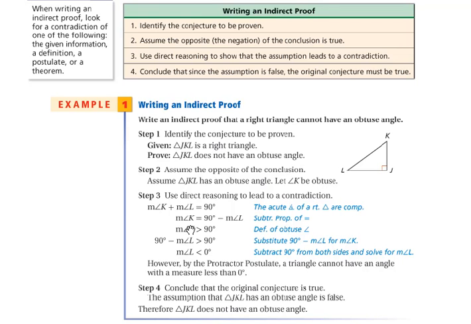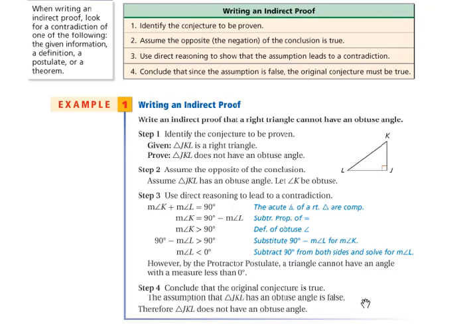Now if you follow along here in step 3, what we're doing is adding some angles equal to 90 degrees, and we're doing some math and solving for the measure of angle L, which we end up solving as less than 0 degrees. And of course we know that an angle in a triangle cannot be less than 0 degrees.